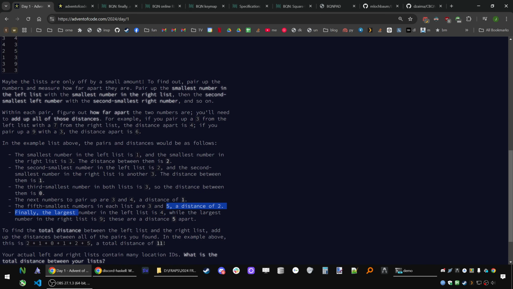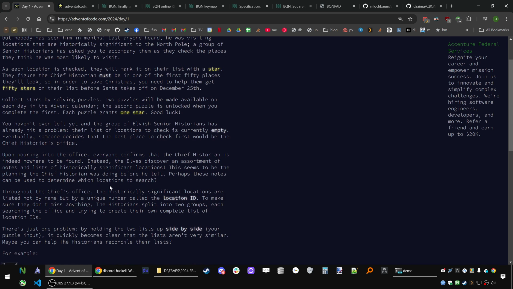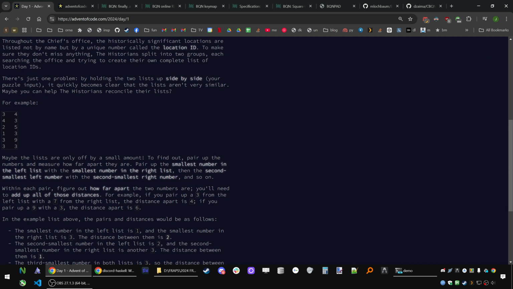But what could possibly be different? Find the total distance between left and right lists. Out of the distances of all pairs, the left list contains many location IDs. What is the total distance in your list? Surely there's no trick, man.